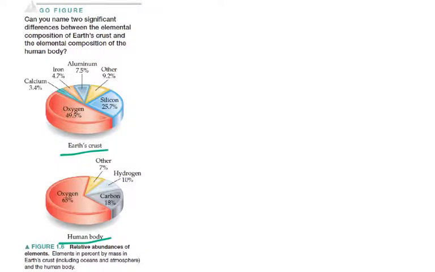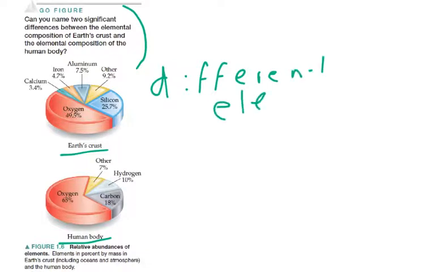And the question here, can you name two significant differences between the composition of Earth's crust and the elemental composition of the human body? We should note that we have different elements. And we have different amounts.